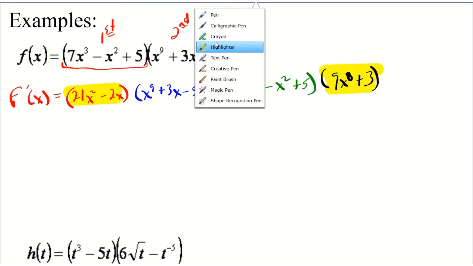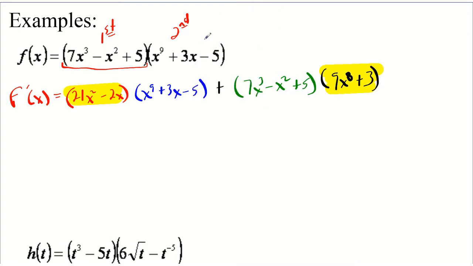So if I show you the mathematical version of it, this would be your first. Instead of f of x, let's call it g of x, because I already have that. So this one we'll say is g of x, and this one will be h of x. Well, the rule said f prime of x would be the derivative of the first.